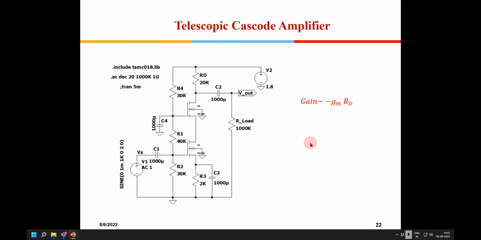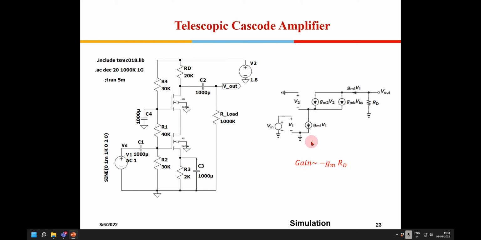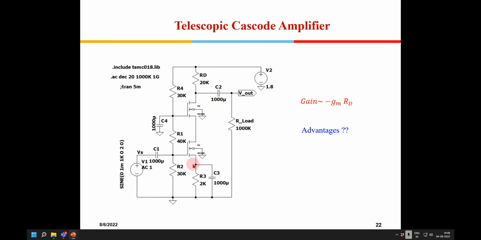Now, what are the advantages? For this transistor, when I am looking into the source of this transistor, it is seeing 1 by GM impedance. Is it okay, Jesse?